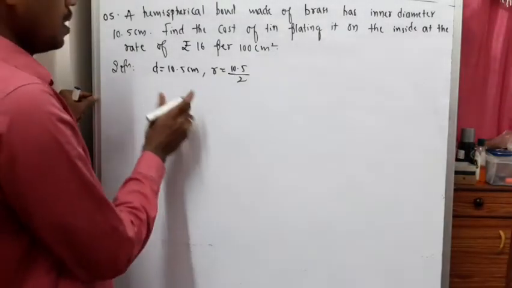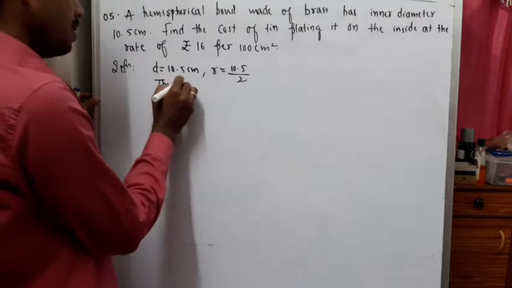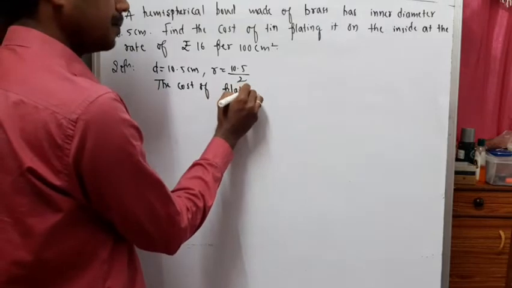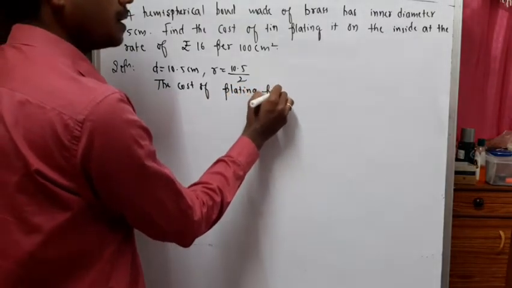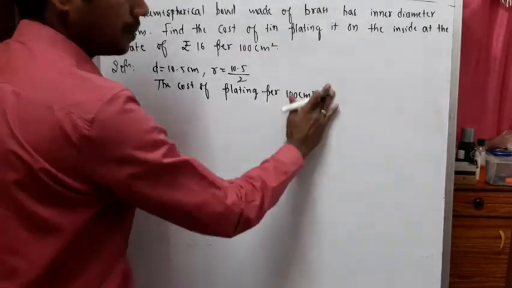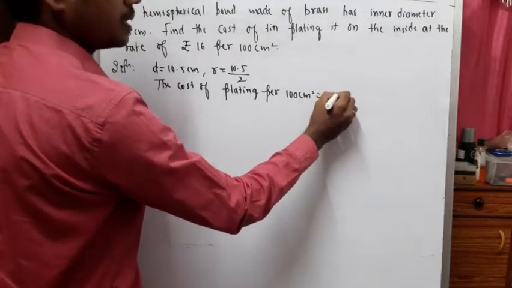And one more thing, the cost of plating per 100 centimeter square is equal to rupees 16. Okay.